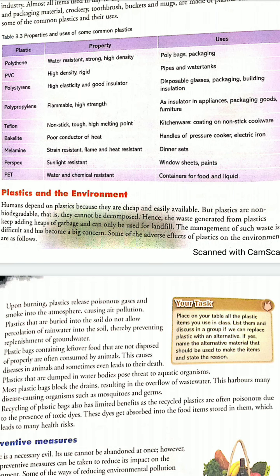Insulator means it does not allow electricity to pass through it. So therefore they are used for making disposable glasses, packaging purposes, and building insulation also. Then polypropylene, it is flammable, having high strength, used as an insulator and in packaging goods, furniture, etc.